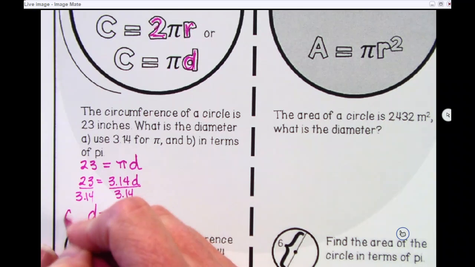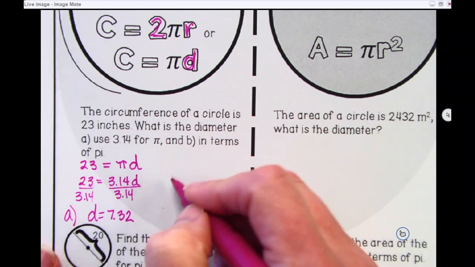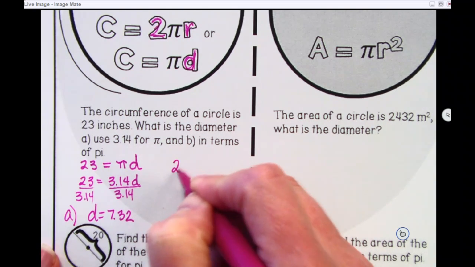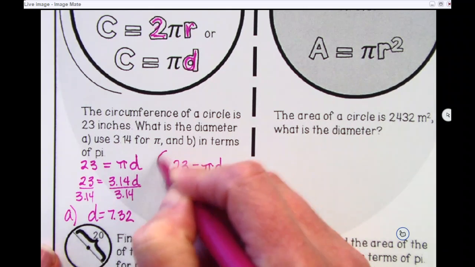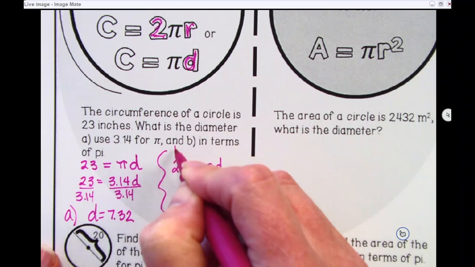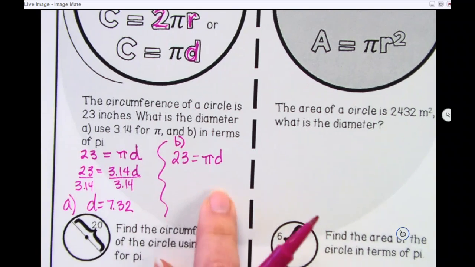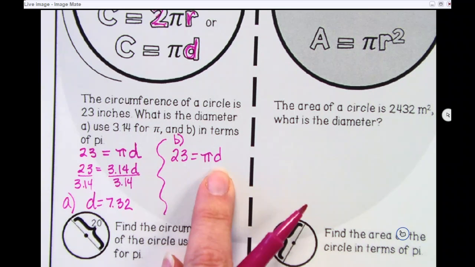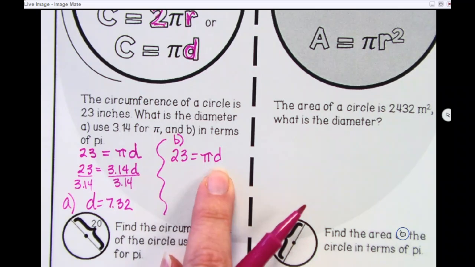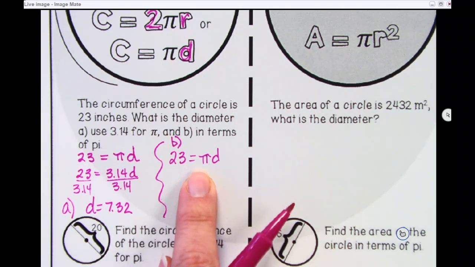So there's part A. But part B says to leave it in terms of pi. If I can't replace the pi and I have to leave it there, what do I need to divide by to get the d alone, the diameter? What's next to it? Pi.